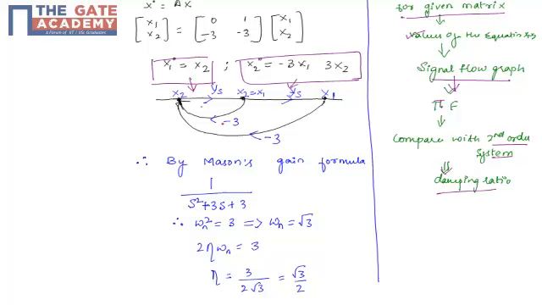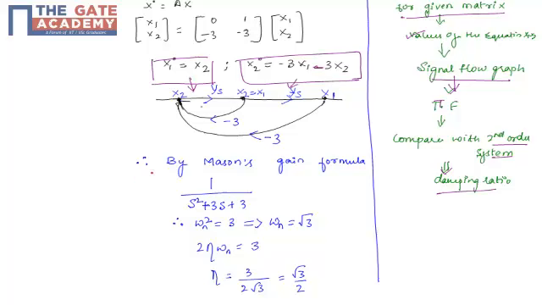So that is minus x1 from x2, and then minus 3x2 for the x2, and another path from x1 to x2. So this is the signal flow graph for the above matrix.